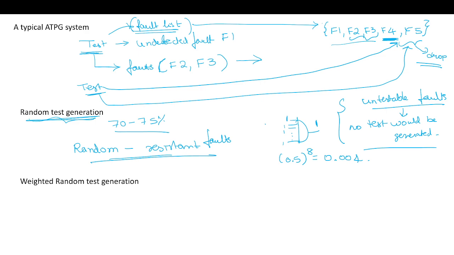So we can add some weight, so that with a probability of 0.75 we have an input to be 1. Then with this bias, the probability of generating the 1 at the input increases. So the probability to detect such faults which require 1 here increases. This is called weighted random.